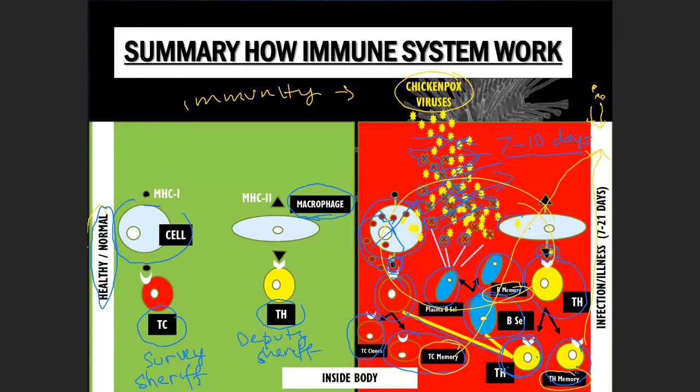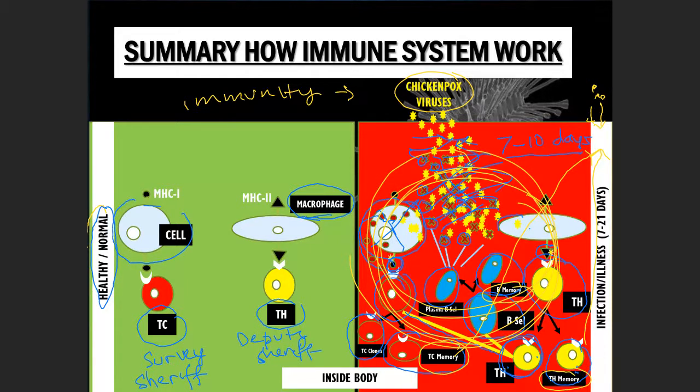But if the next one coming is polio virus, for example, then we have to perform this process again. Okay? So we have to perform this process again, specifically for polio viruses, etc. For other viruses, they will have a similar process like this one.